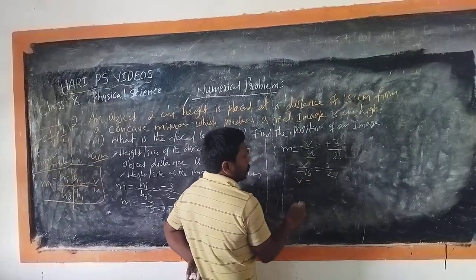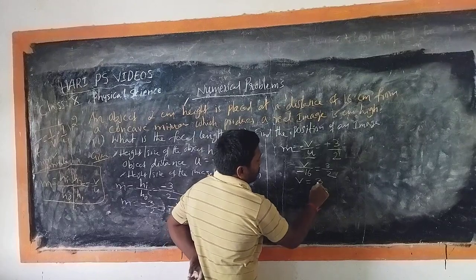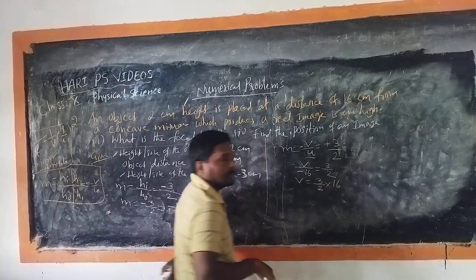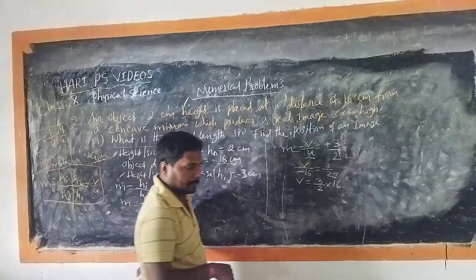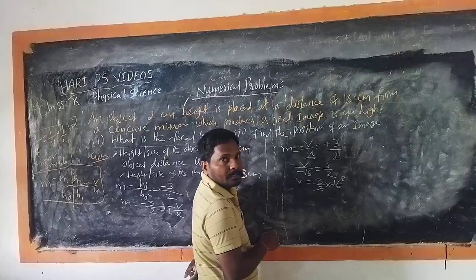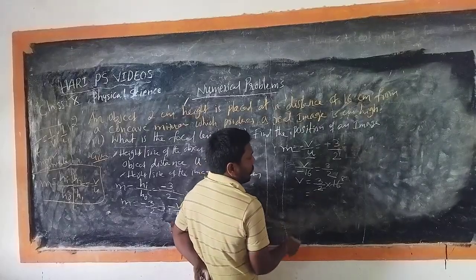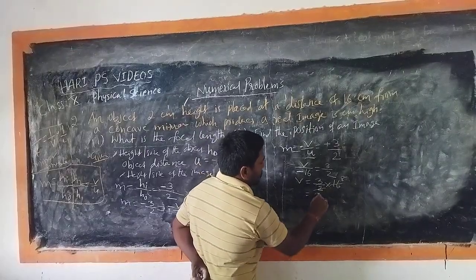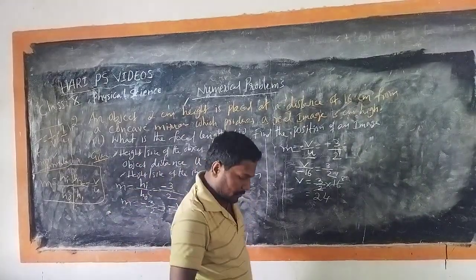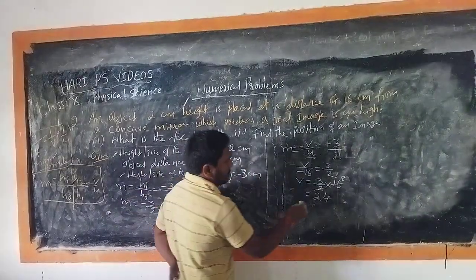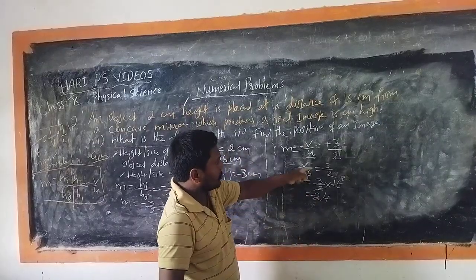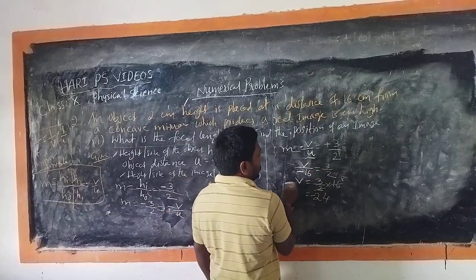So v equals 3 by 2 into 16. 2 ones are 2, 2 eights are 16, that is 8, 3 eights are 24. So what is the image distance? Minus 24. The magnification here is minus.